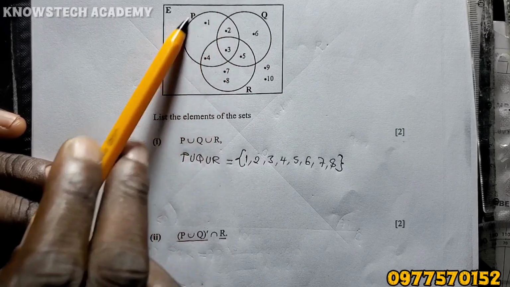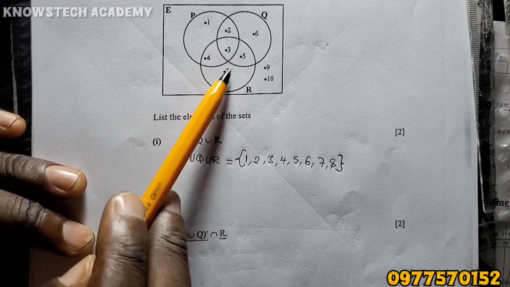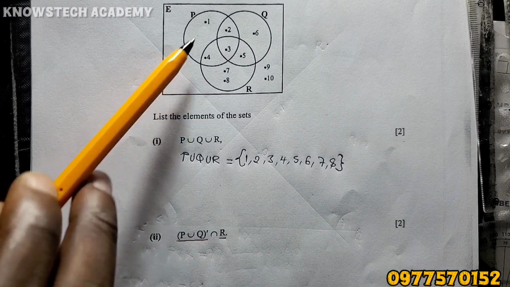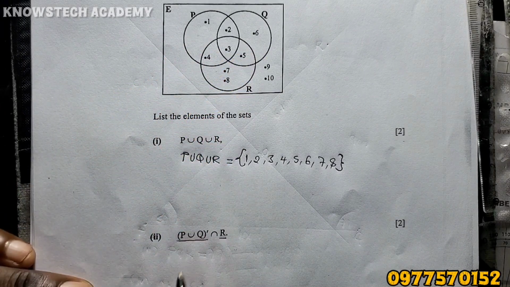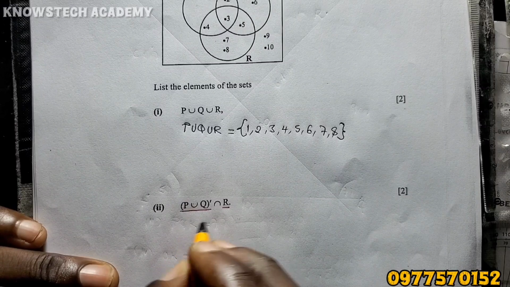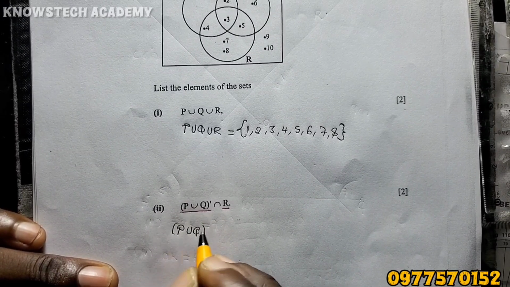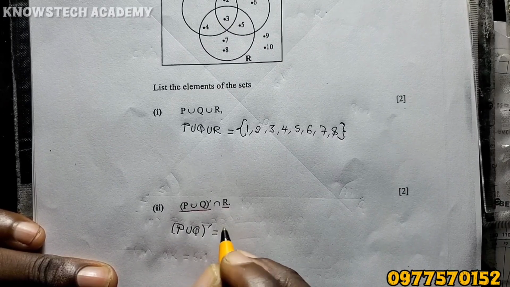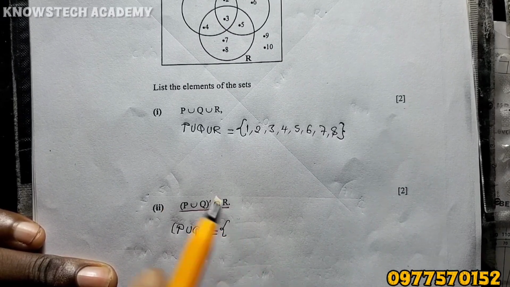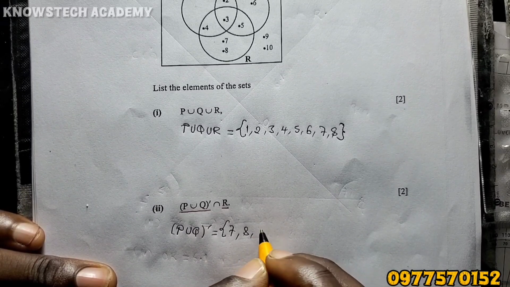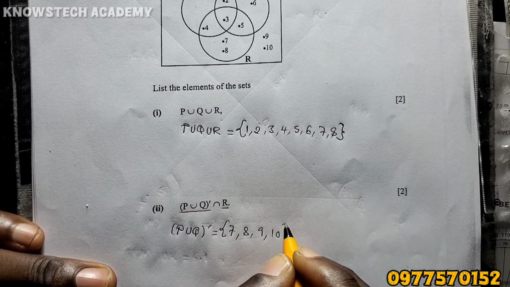Those that are outside P and Q: 7, 8, 9, and 10. Those are the elements that are outside P and Q. So here we're going to say P union Q, the whole of it complement, is equal to 7, 8, 9, 10.